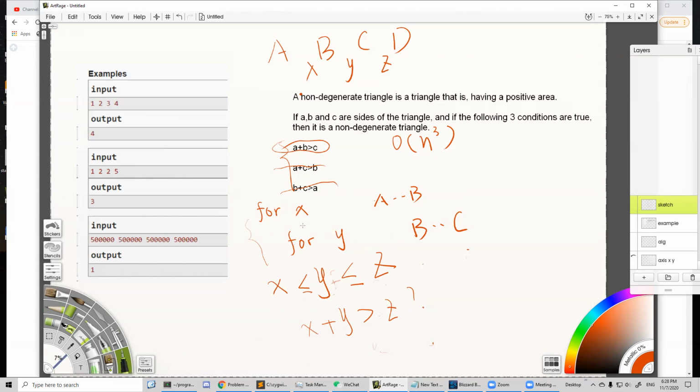For example, let's say X equals 2 and Y equals 2, then what can we choose for Z? We must choose a Z that is smaller than 4, right?